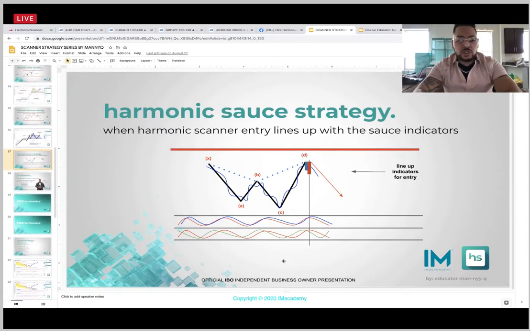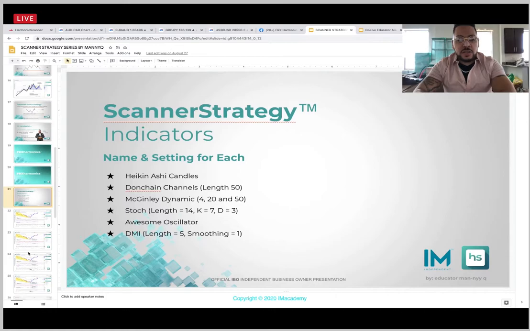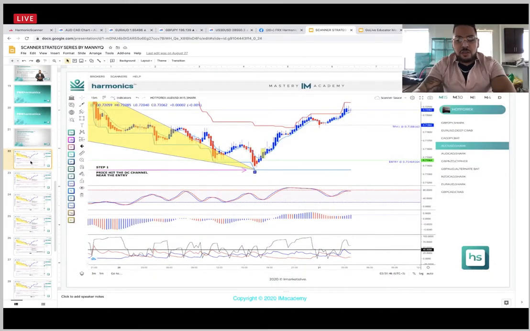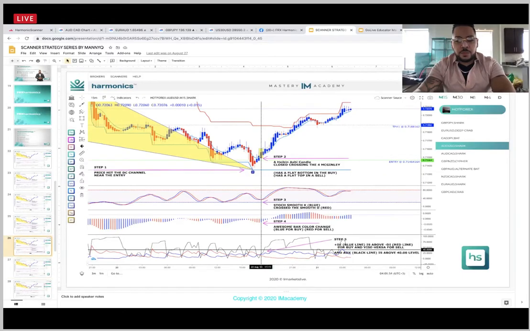Our scanner source strategy is when the harmonic scanner lines up with our source indicators, okay? We have a very simple strategy, a very, very simple 1, 2, 3, 4, 5. There we go. We have a 5-step entry technique.